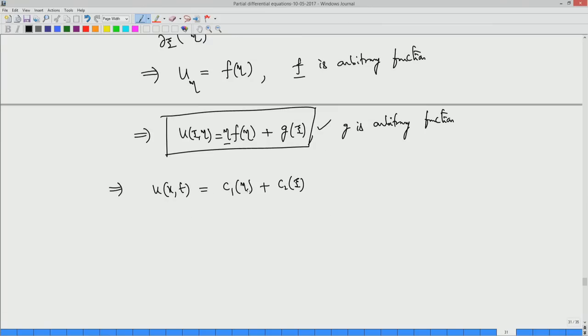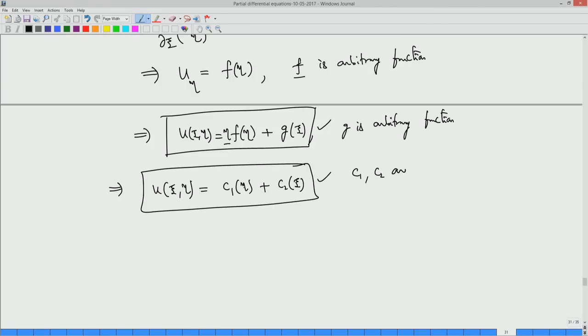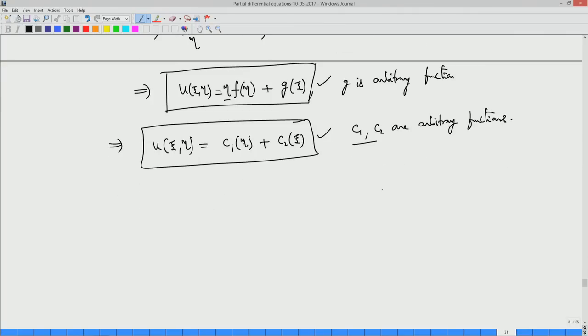If you write this in terms of ξ and η, you can say that this is your general solution, where C1 and C2 are arbitrary functions. It is a general solution because you have two arbitrary functions involved in your solution of the partial differential equation.